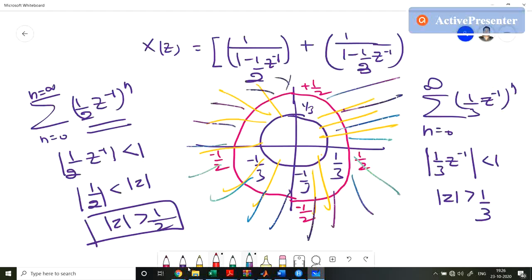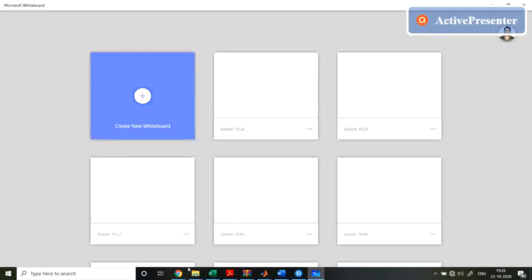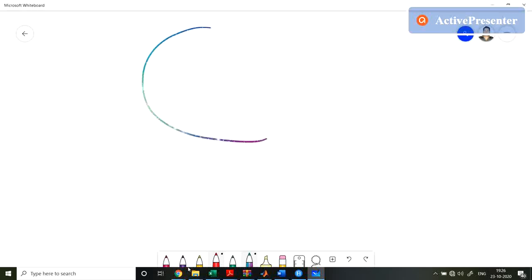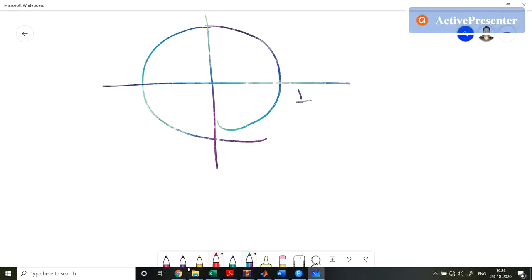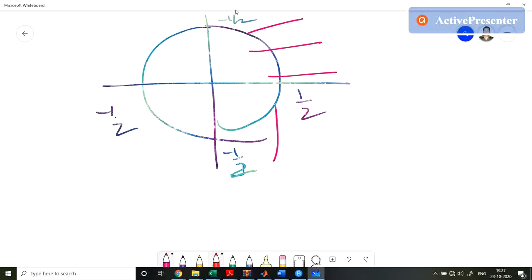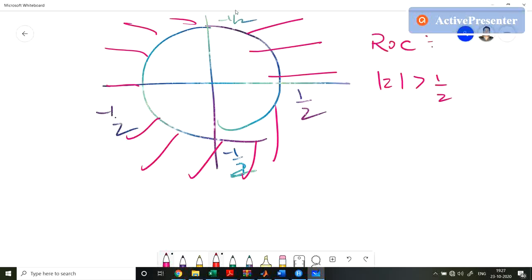Now we plot the common ROC, with points at 1/2, minus 1/2, and minus 1/3. So this is the common ROC. The common ROC is |z| greater than 1/2.